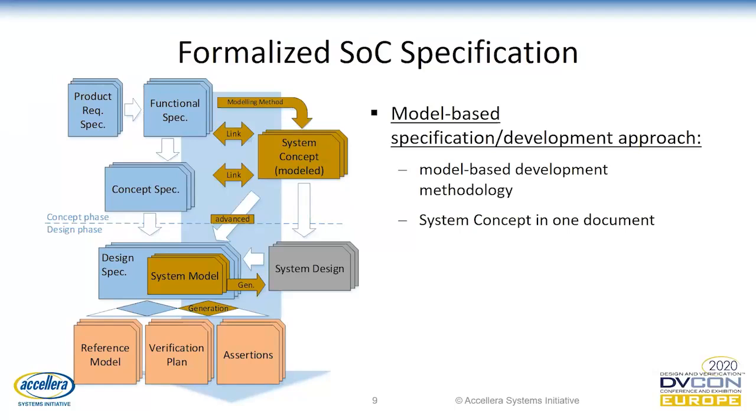So we decided to divide this information. We have a concept specification in natural language, and we have our system concept, which is modeled with mostly all the information we need in the model. And now we have a real strong linking between the artifacts in the natural language description and the artifacts in our model by bidirectional linking.